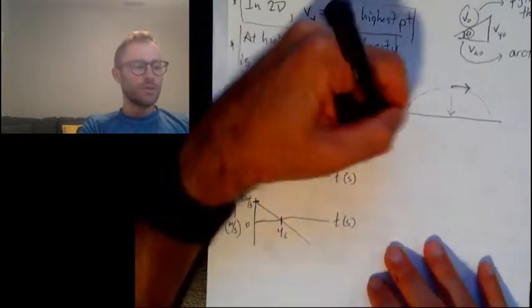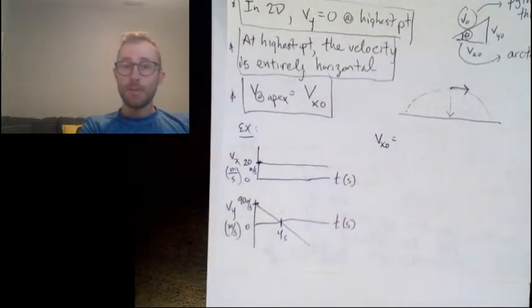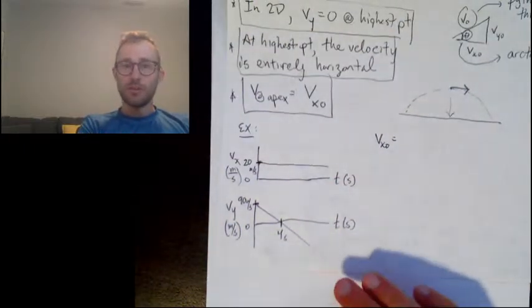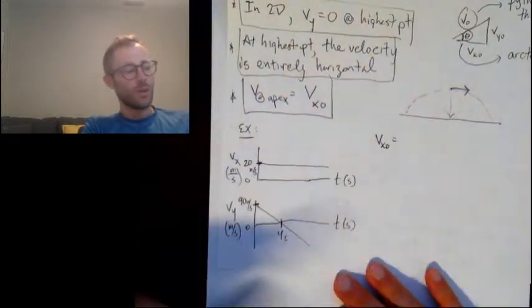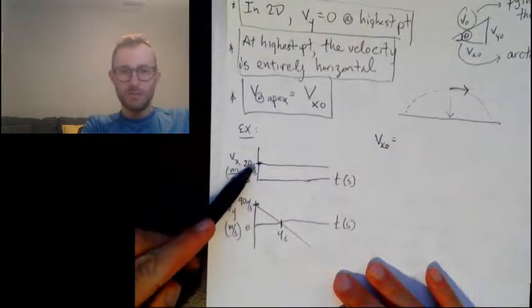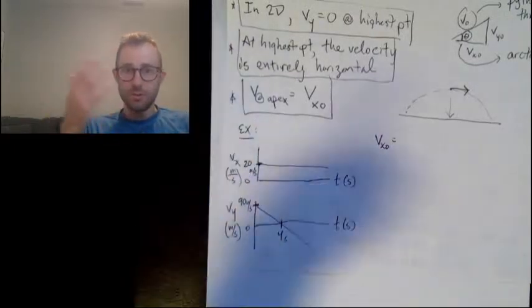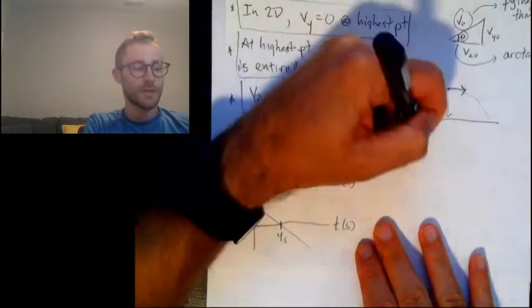My first question is, what is Vx naught? Well, in this example, Vx naught would be the starting value of the horizontal velocity. So I go to my horizontal velocity graph, and I can see it starts at 20. It is always 20 because the horizontal velocity doesn't change in projectile motion.